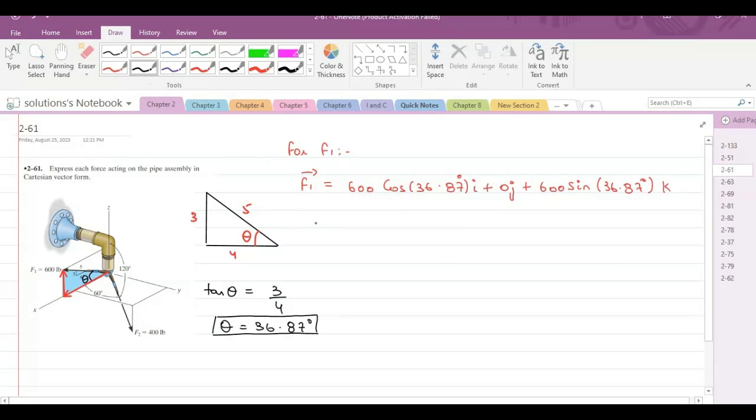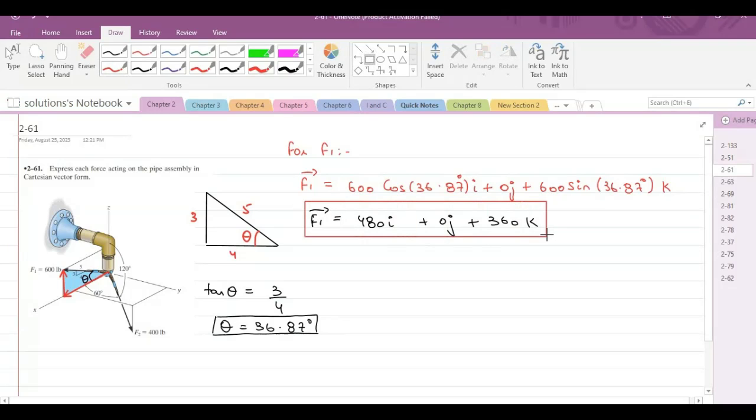When we simplify it, it becomes 480i plus 0j plus 360k. This is our first answer.